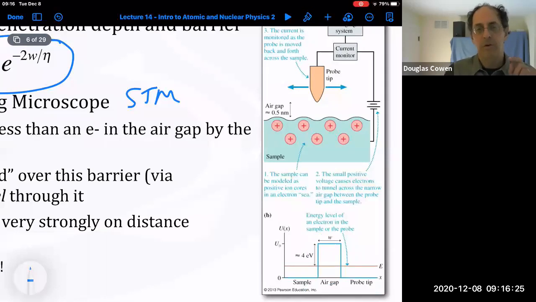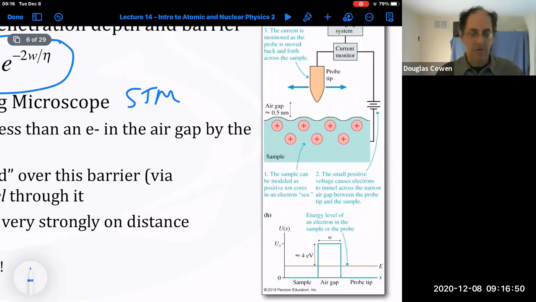And I just want to make sure that you realize there's a contrast here between what's going on in this situation and what happens in the situation where we have the photoelectric effect. In the photoelectric effect, there's a light that is illuminating the material that has electrons in it, and it's basically pushing the electrons out of the material.